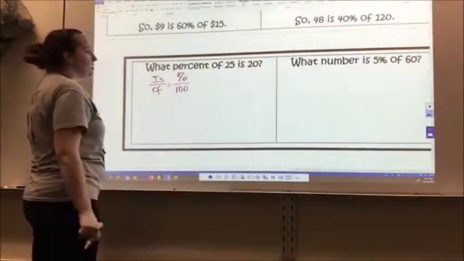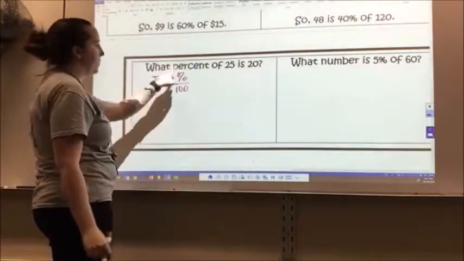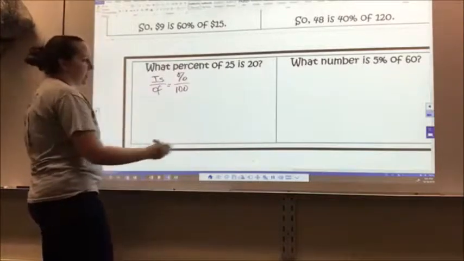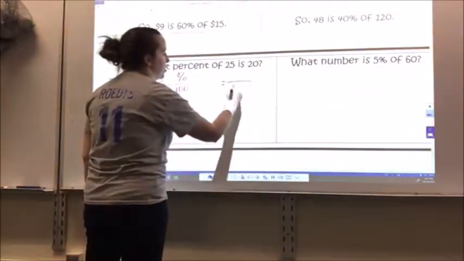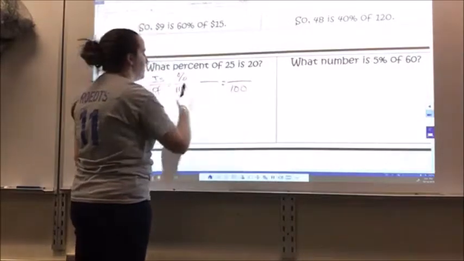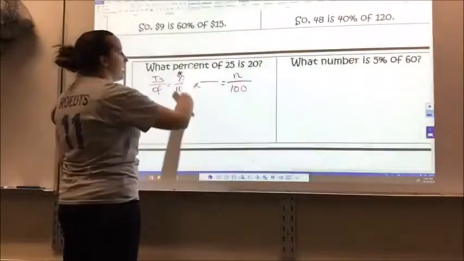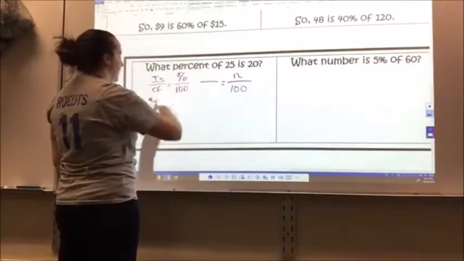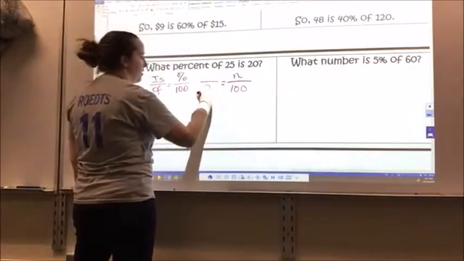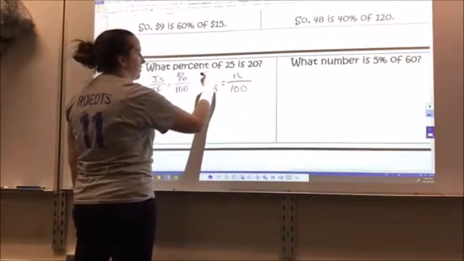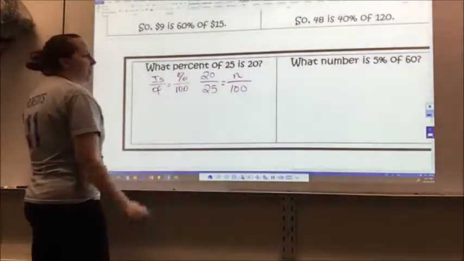I'm looking for what percent, so that's where I put my variable, n over 100. Of is 25, and is is 20.